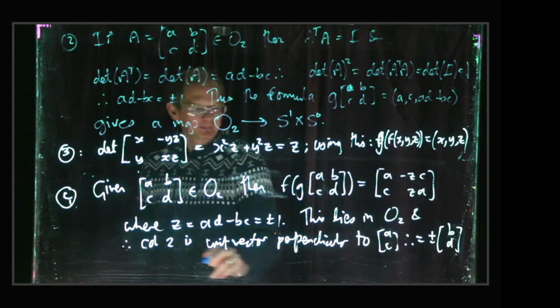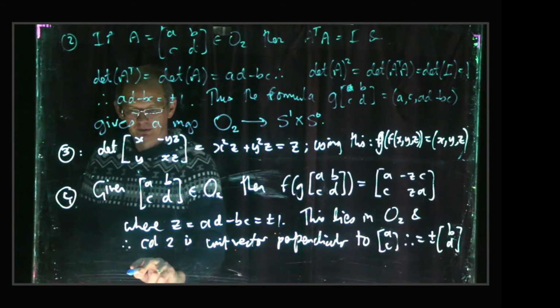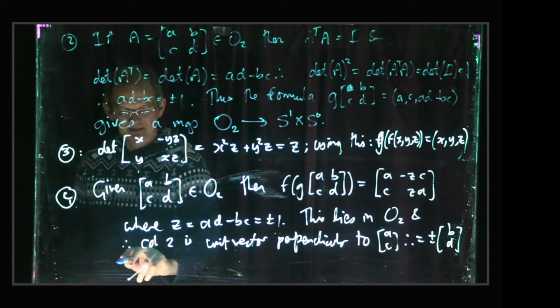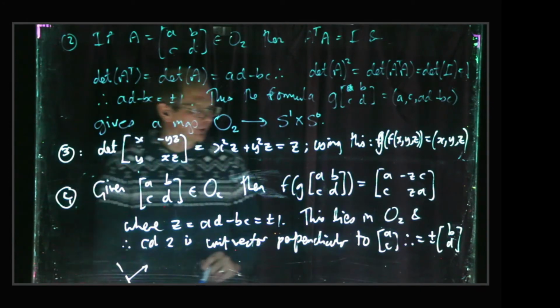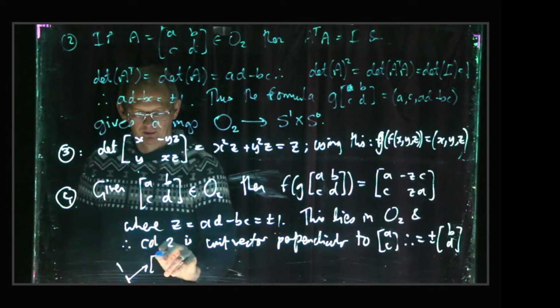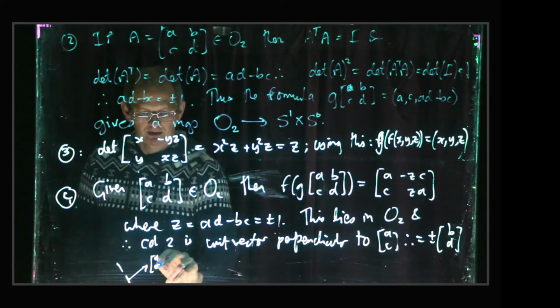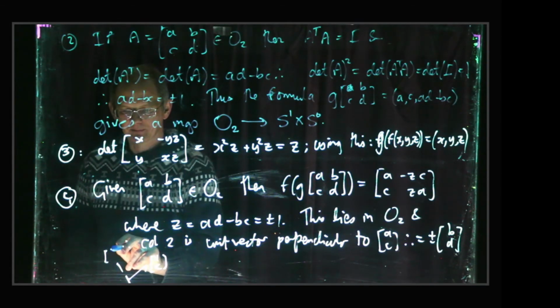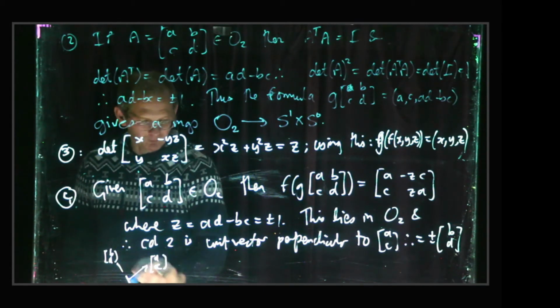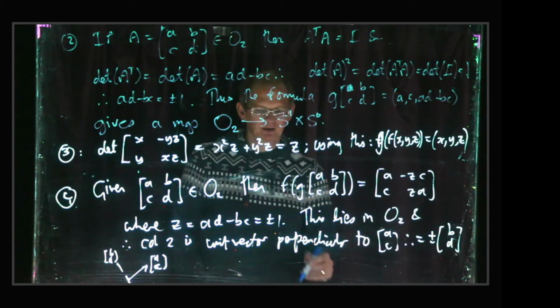If we draw the kind of picture, you've got AC here, and then you've only got two possibilities: AC here, and then maybe BD is here, and then minus BD would be pointing down there. There's only two possibilities.